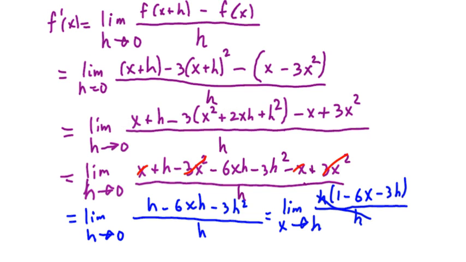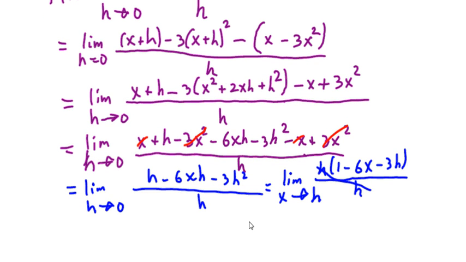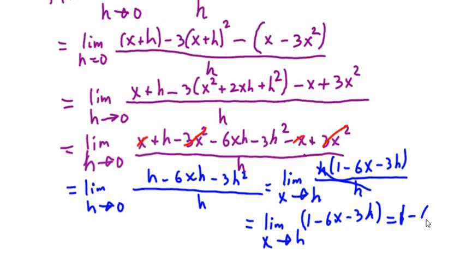So what we have left is the limit as h approaches 0 of 1 minus 6x minus 3h, which equals 1 minus 6x, which should be our answer.